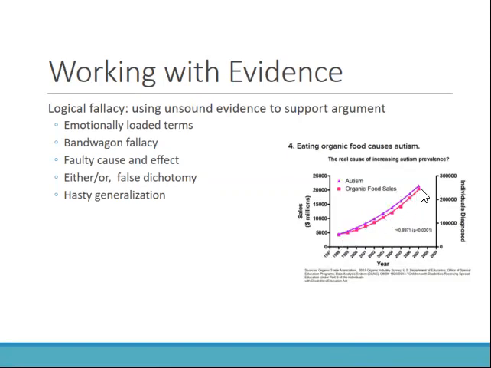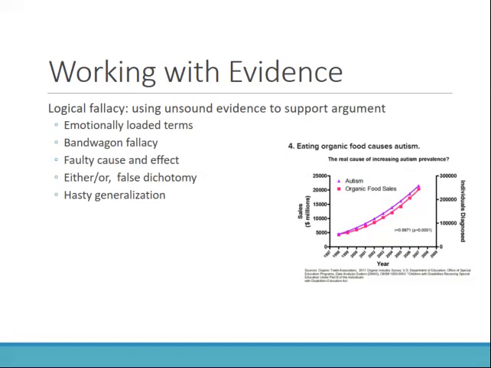So if we made the faulty cause and effect assumption, we could come to the conclusion that organic foods cause autism. Obviously, we know that they don't, but there is a correlation there, even though it's not actually cause and effect. And so we need to be really careful not making causal conclusions based on correlations.